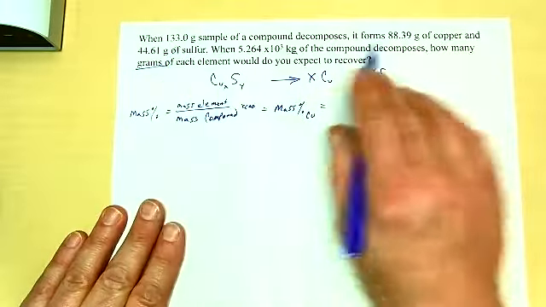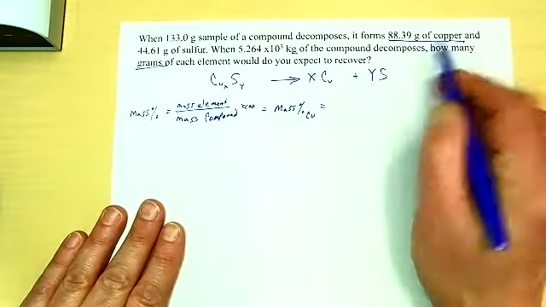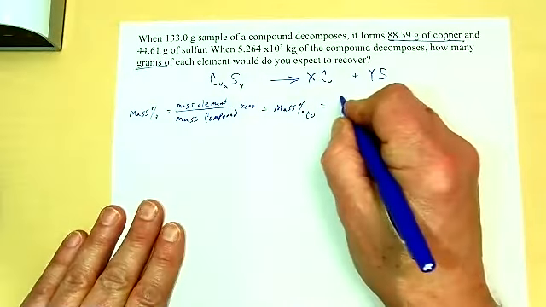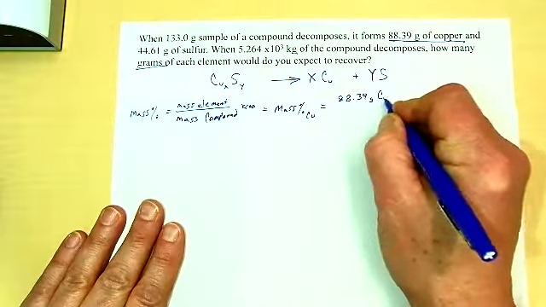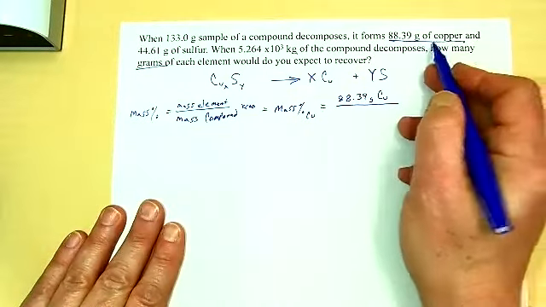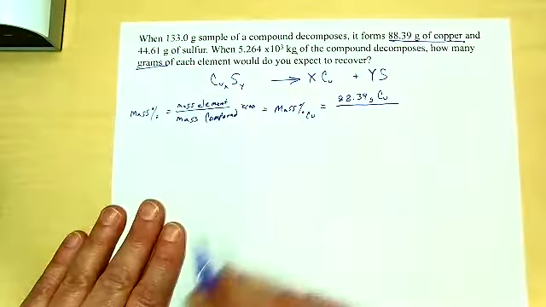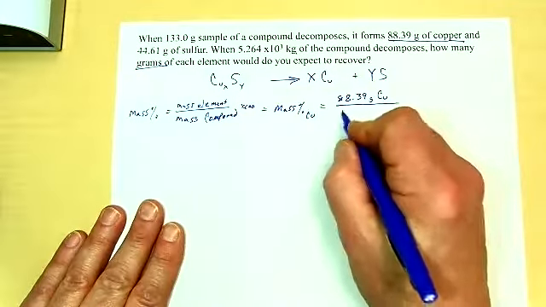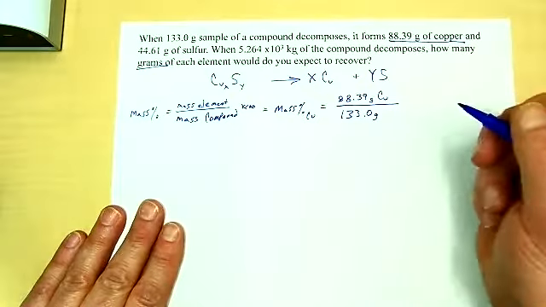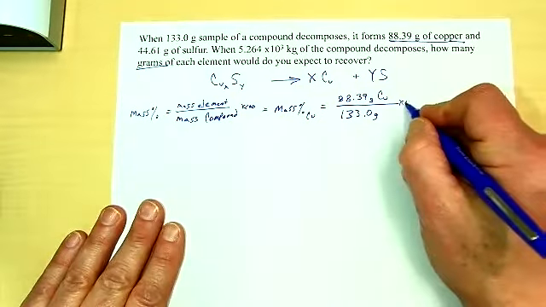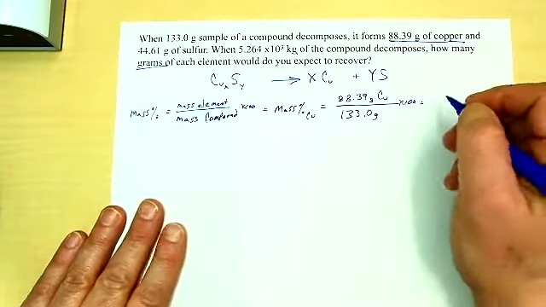Well, in the first case, it looks like it formed 88.39 grams of copper. And that copper came from 133 grams of sample.